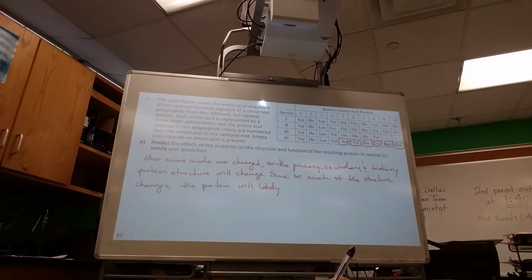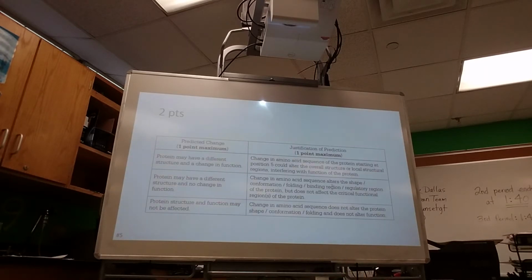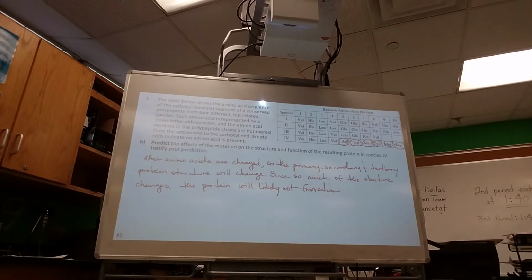I mean, if only the first 4 amino acids are intact, most of the rest of it is not there, so it's probably not going to function.